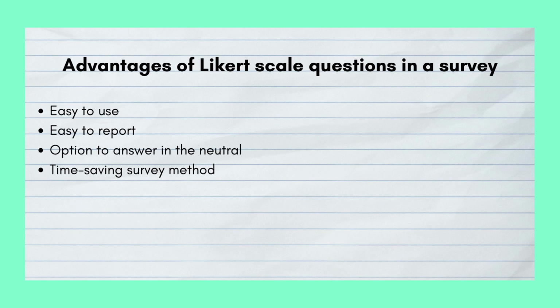Option to answer in neutral. Since a Likert scale survey involves using a scale, respondents can answer neutrally if they choose to do so. Time-saving survey method. Finally, it's effortless to run these kinds of surveys as they are not time-consuming.